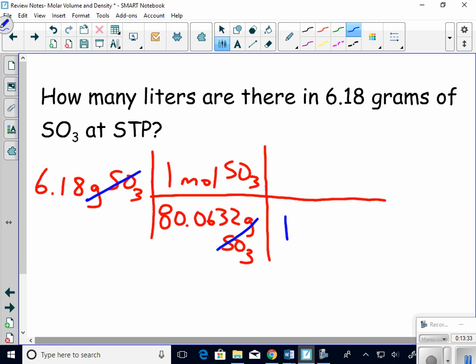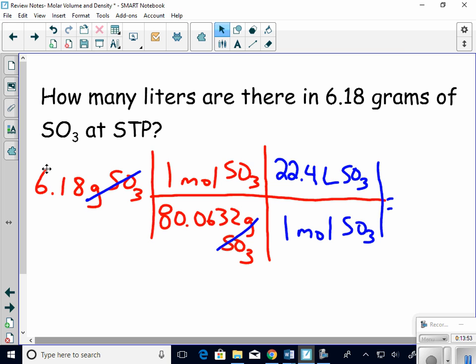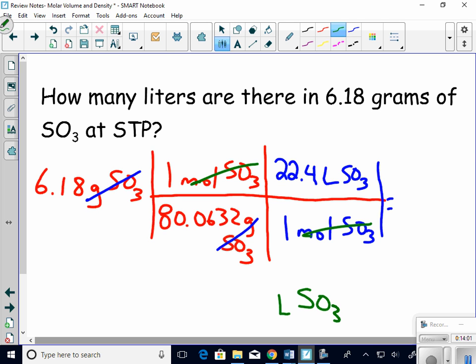So I know that 1 mole of SO3, I want that on the bottom so it'll cancel, is equal to 22.4 liters of SO3 because I know that I am at standard temperature and pressure. My moles of SO3 cancel. My final label is going to be liters of SO3.